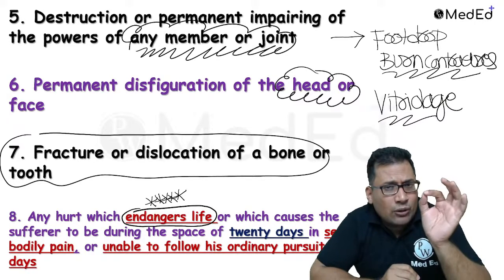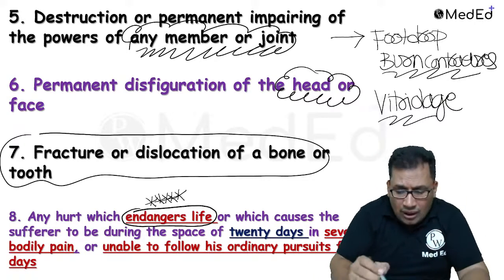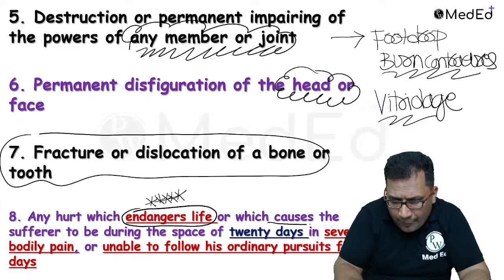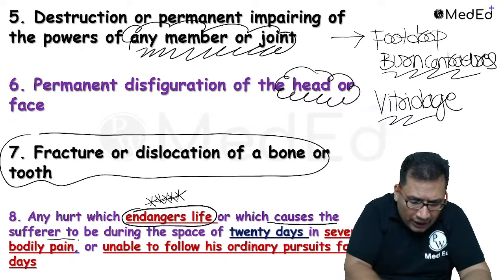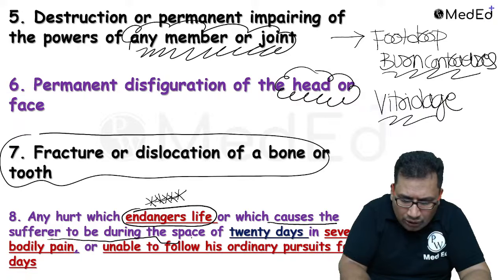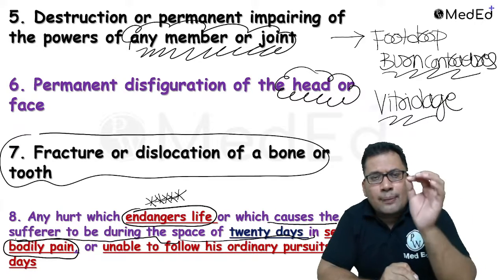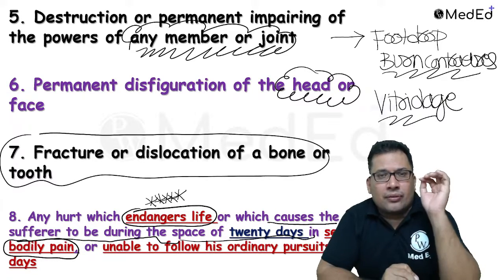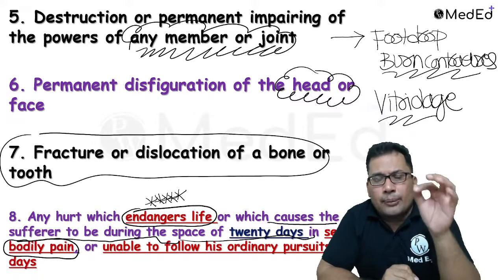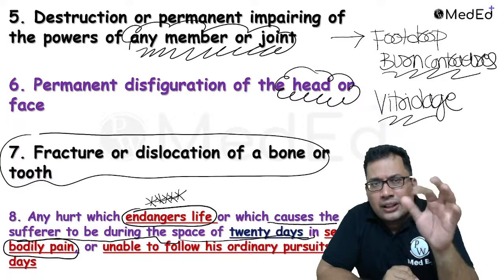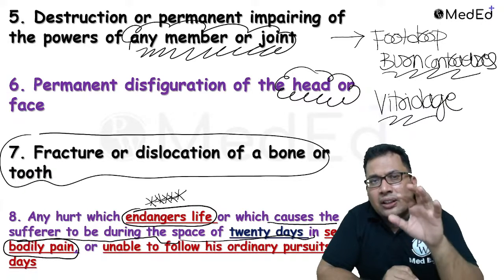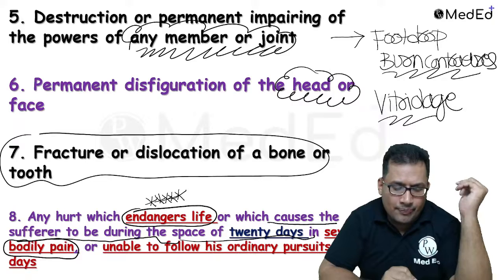So the first keyword is endangers life, or which causes the sufferer to be, during the space of 20 days, in severe bodily pain. Severe bodily pain for about 20 days because of the trauma, the assault, or the hurt. That is grievous hurt if it is for 20 days.